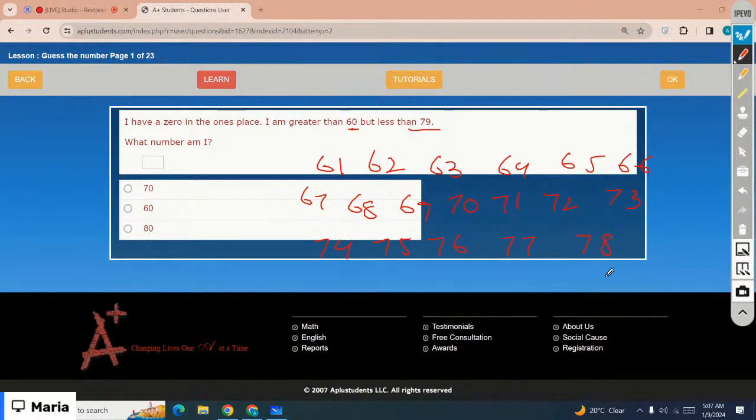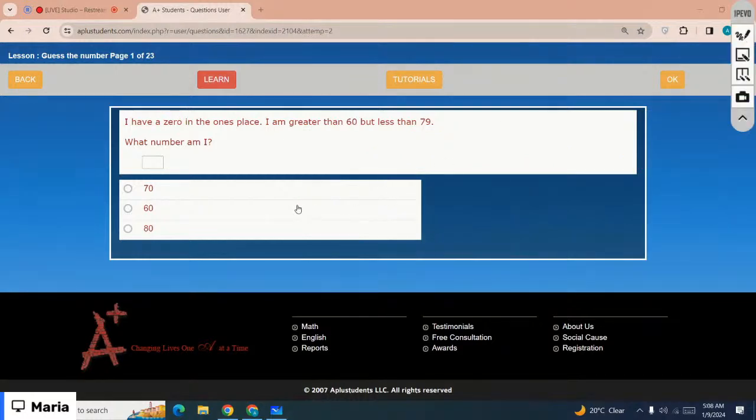Less than 79, so they are till 78. Now I have a 0 at the ones place. You have only one number that has the 0 at the ones place, right? So yes, that is 70. Got it? The correct option is 70. Option 1 is the correct one.